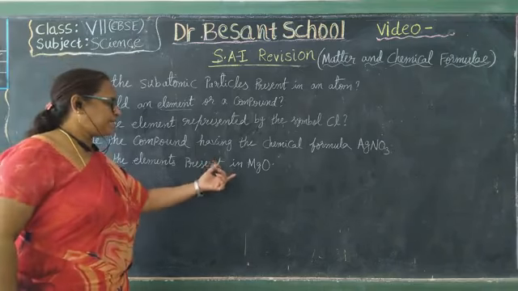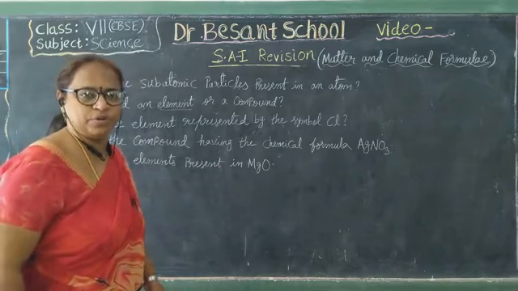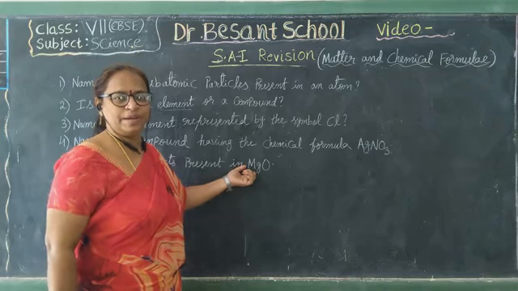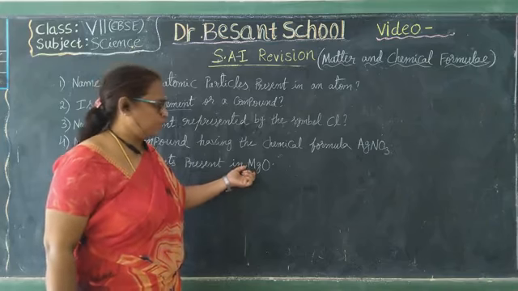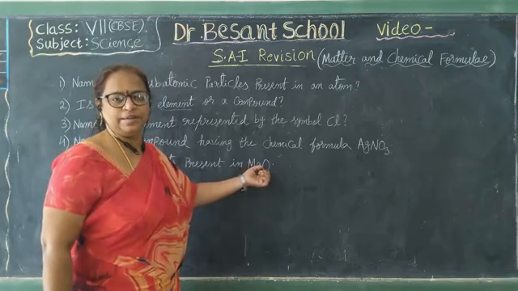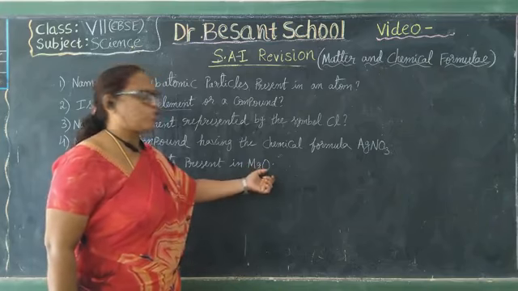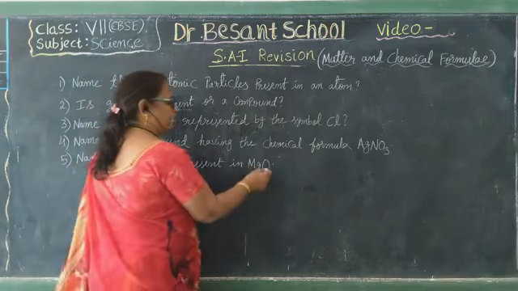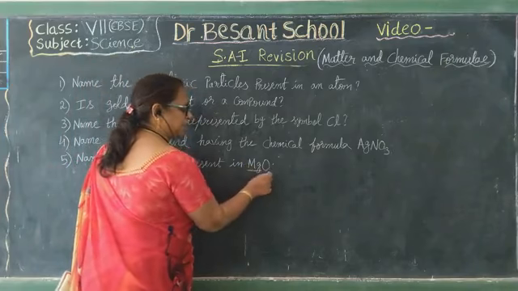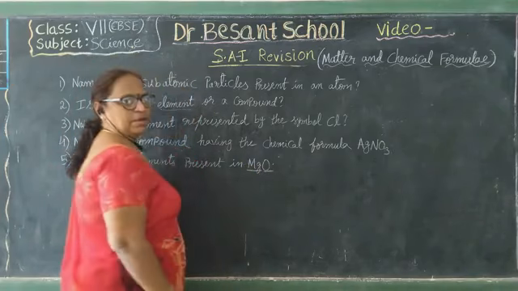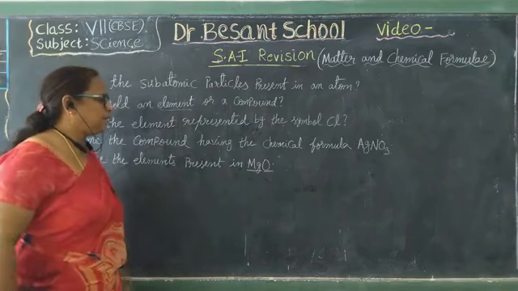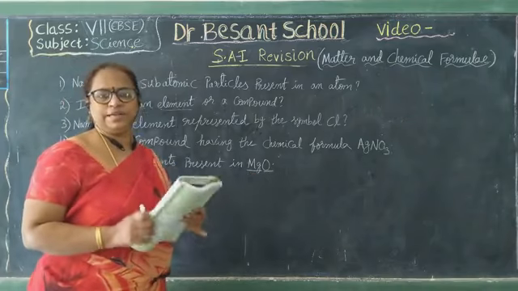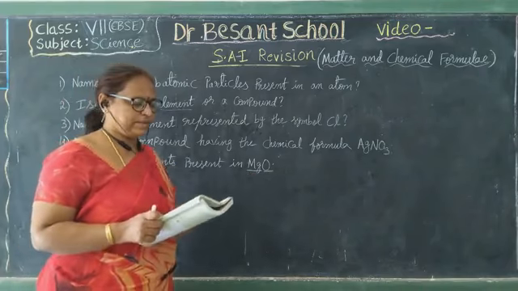So what are the elements present in this MgO? Mg is the symbol for magnesium. O is oxygen, isn't it? So magnesium oxide is the compound name. And by seeing this formula, you can tell what the elements present are: magnesium and oxygen. So the elements present in the formula MgO are magnesium and oxygen. That is the answer. Clear, children?